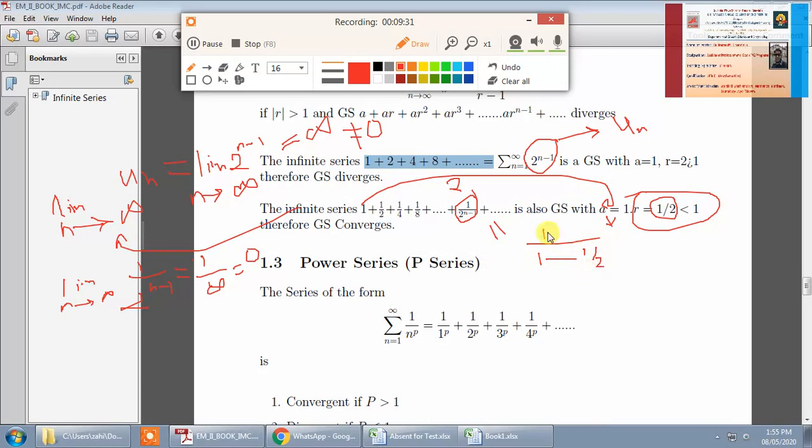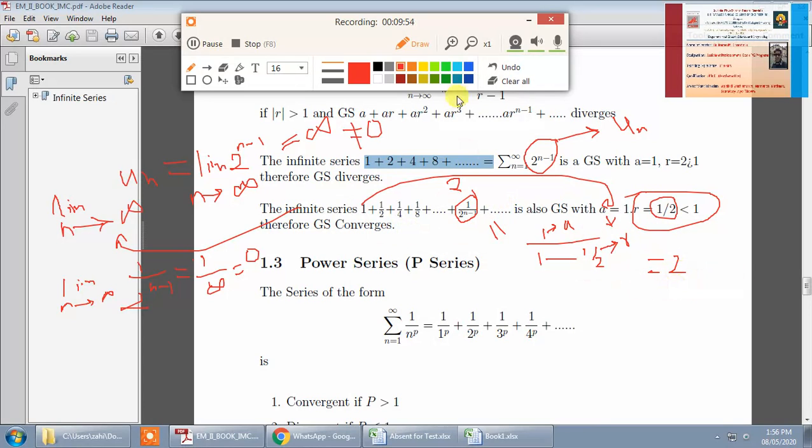So the formula is a divided by 1 minus r. A is 1, 1 minus r is 1 by 2. 1 by 2, if you take it to the numerator, it becomes 2. So this converges to 2. So the summation of this is equal to 2. If you add infinite terms, we get 2.